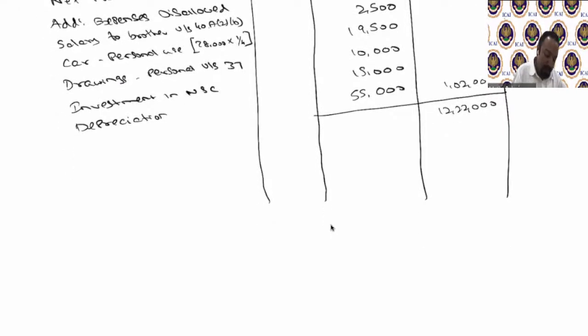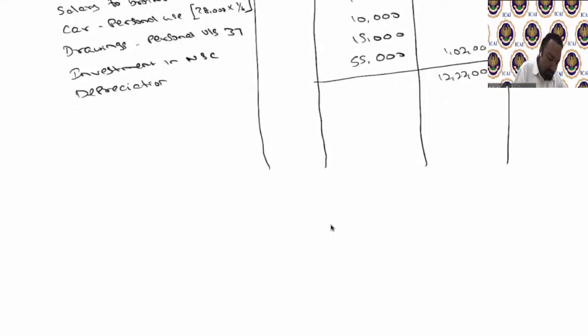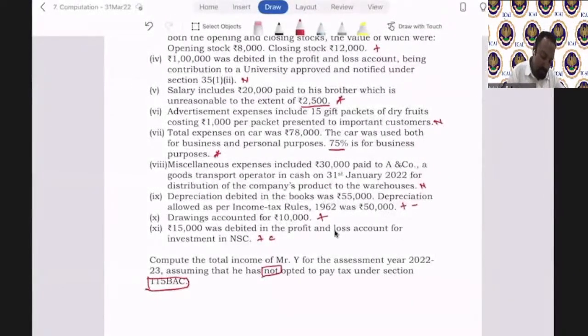Then we'll have to come to less. Sorry, not less, add. So first the additions, then income considered. In the income considered, we have done the drawings, we have considered this.